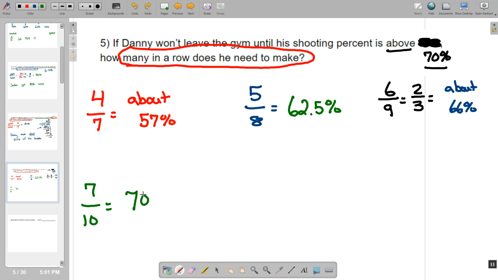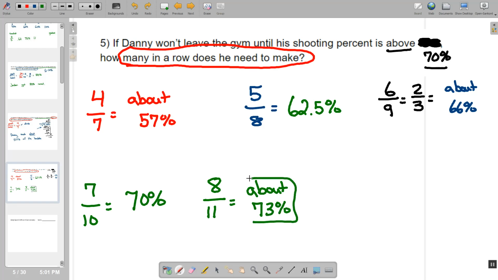7/10 is 70%. But the question says above 70. So his next shot would be 8 out of 11. And to speed us up, I'm going to use my calculator, which is about 73%. So this is where he started.